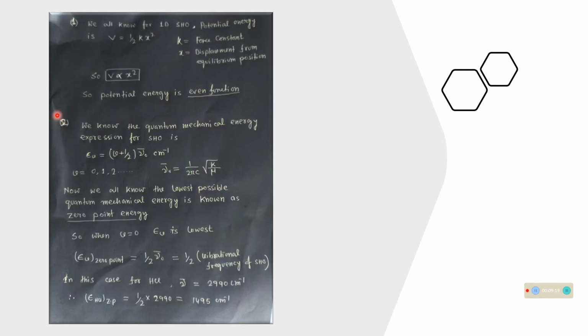So let's see, for the harmonic oscillator model, the quantum mechanical energy is like this: V plus half, nu bar centimeter inverse.